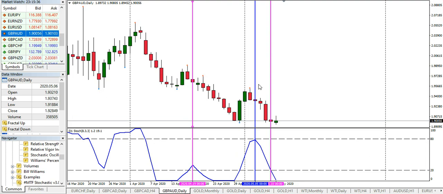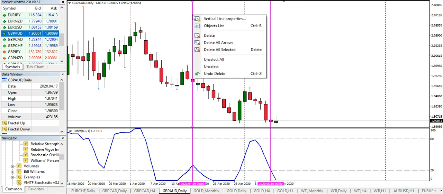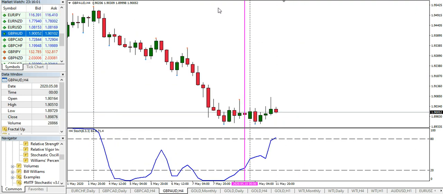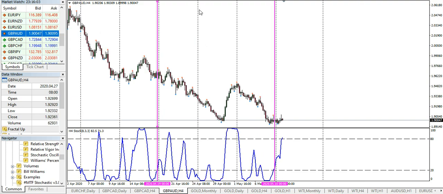We want all the zones to match up. Now we have the weekly time frame in the buy zone, and we have the daily time frame in the buy zone as well. So what we want now is to go to the lower time frame, the 4-hour time frame, and that is where we're going to look to enter into the market.